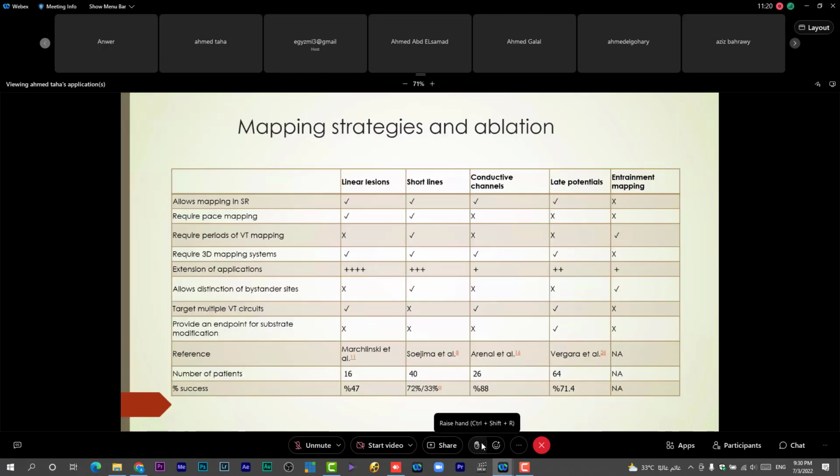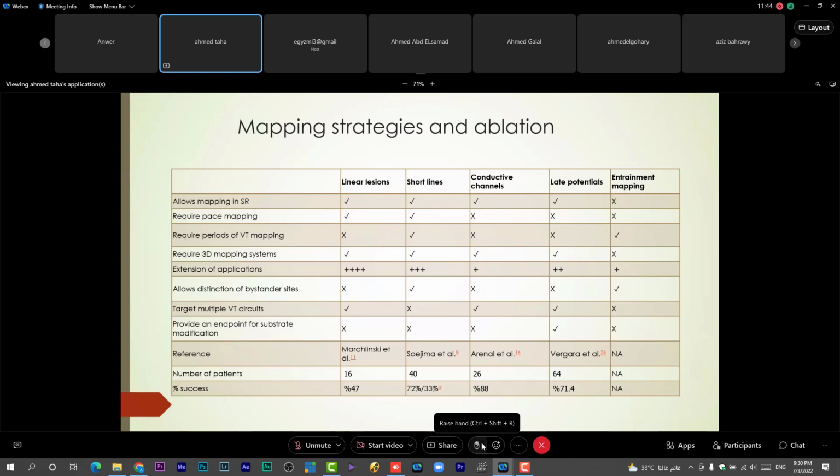Okay. Mapping strategies and ablation. Mostly ablation itself will get some data that we'll talk about. Okay. Mapping in sinus rhythm, pace mapping, ventricular tachycardia 3D mapping, all these ideas.